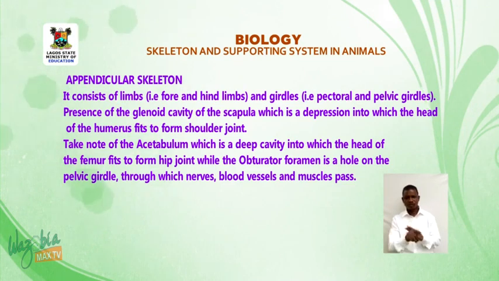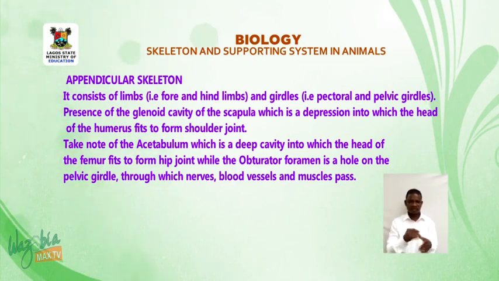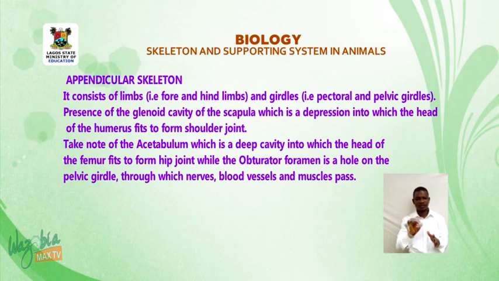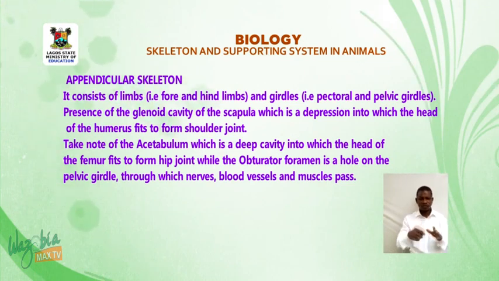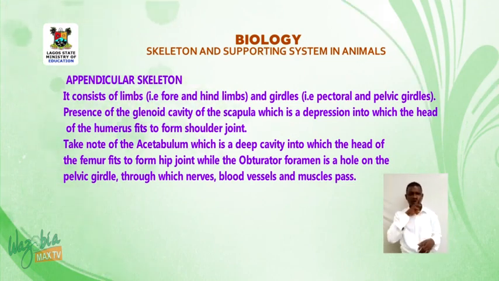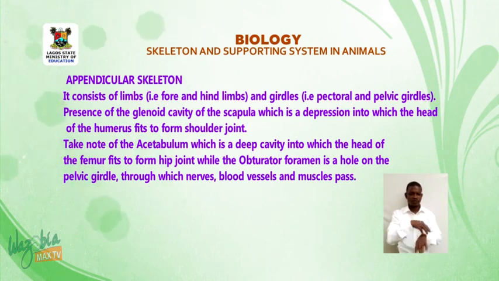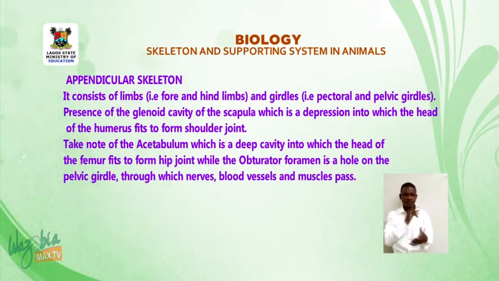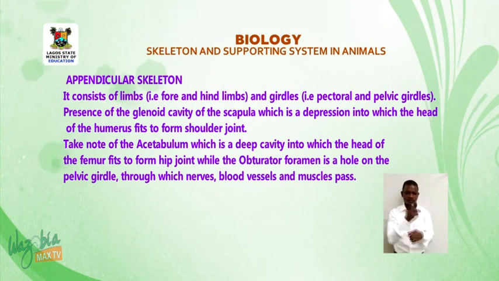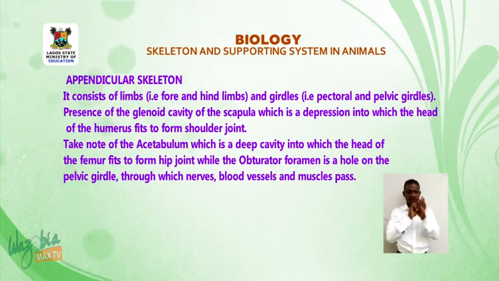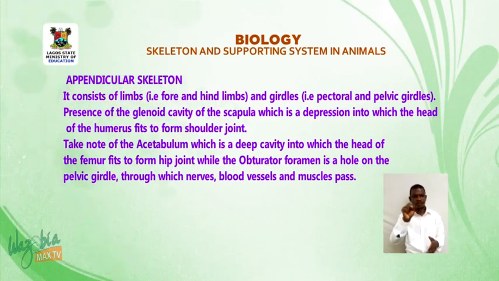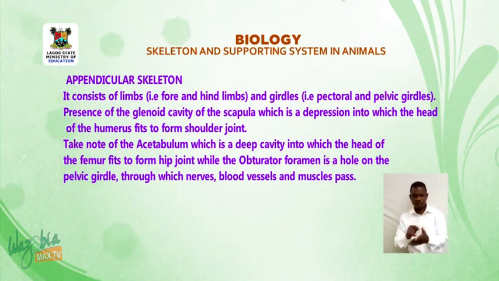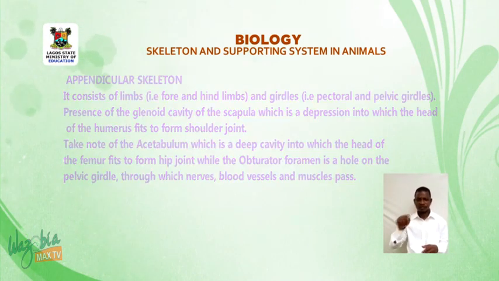Take note of the acetabulum, which is a deep cavity into which the head of the femur fits to form hip joint, while the obturator foramen is a hole on the pelvic girdle through which the nerves, blood vessels, and muscles pass.